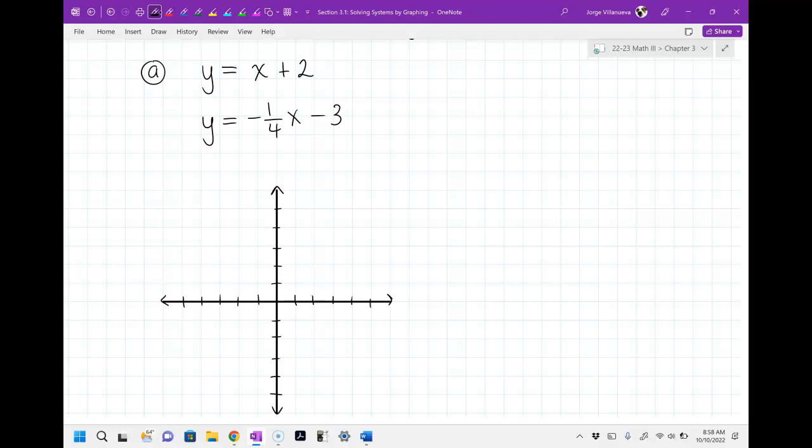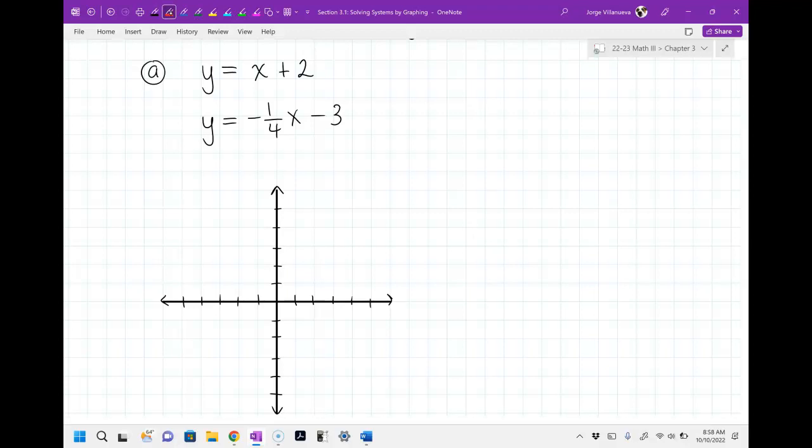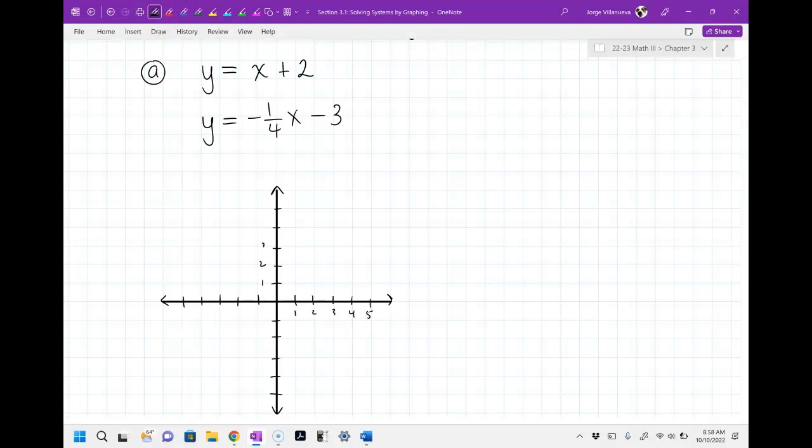Okay, so there's my graph, my coordinate plane, I'm sorry, my XY axis. And I want to graph, let's start with y equals x plus 2. Let me write these numbers down here just for later. 1, 2, just for reference.